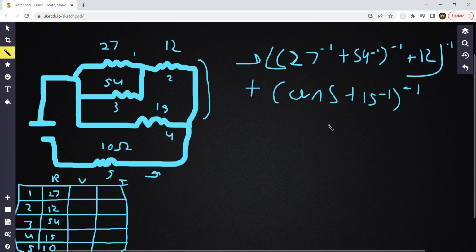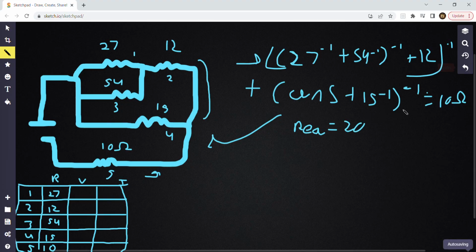And then we're able to get 10 ohms of REQ, but we still have to add this. So that's going to make it 20. REQ equals 20 ohms.